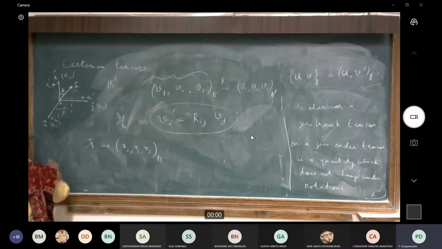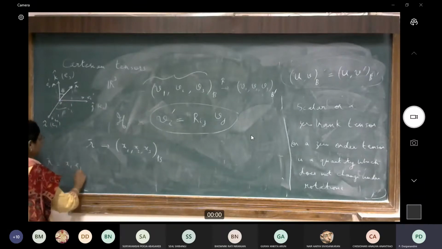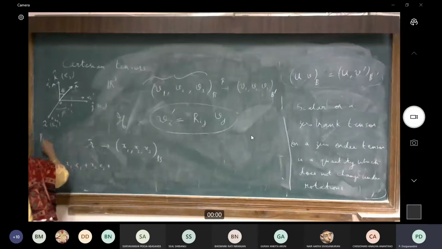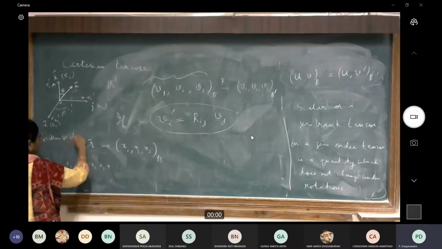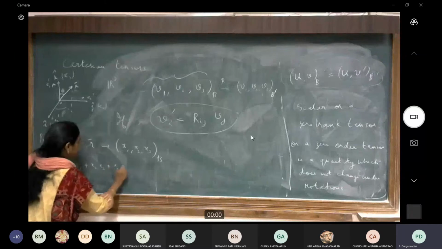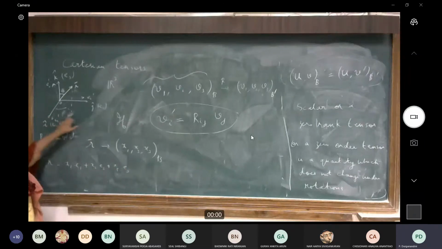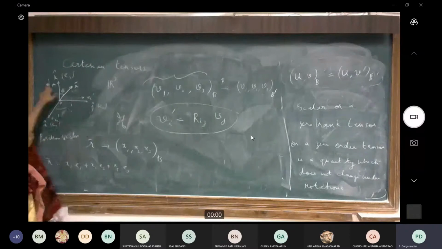So my R, I can write as x1 e1 plus x2 e2 plus x3 e3. This is our usual position vector, where x1, x2, x3 are the components along the e1, e2, and e3 axes.